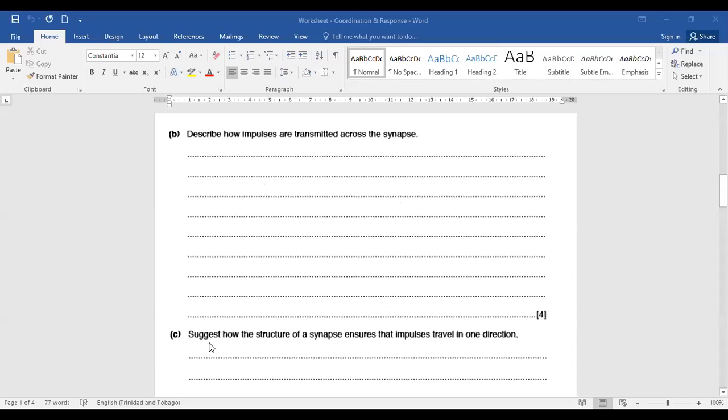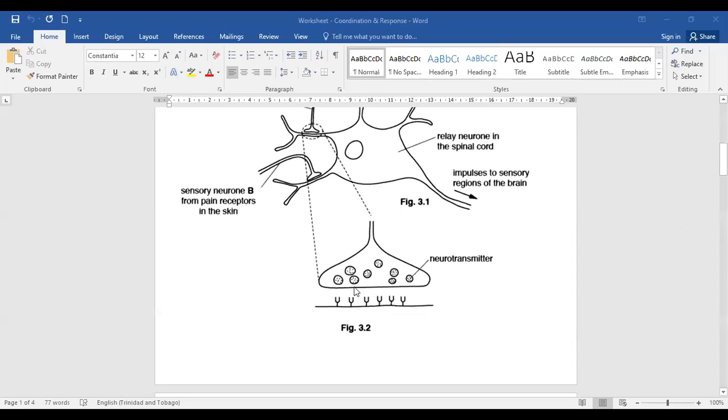Now, the next one, you'll have to suggest how the structure of a synapse ensures that impulses travel in one direction. How is it that the synapse is so structured so as to allow for impulses to travel in only one direction?